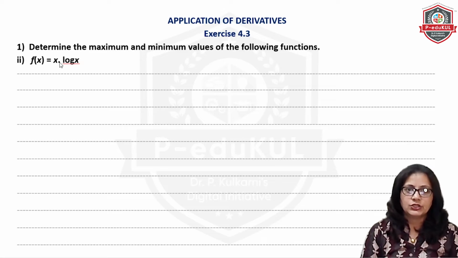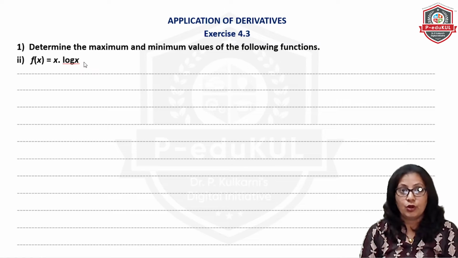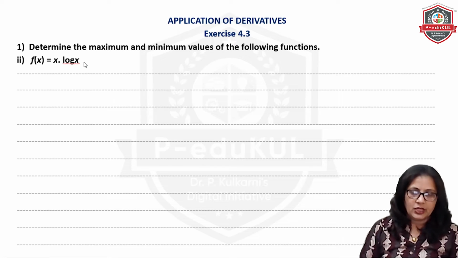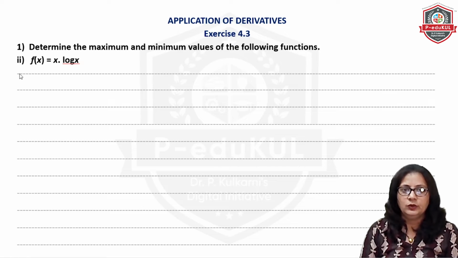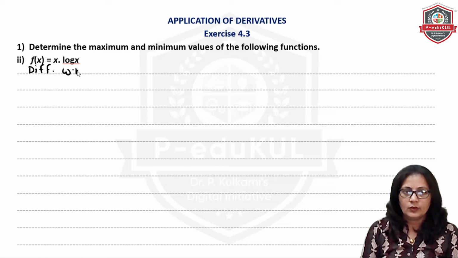Now here the function is f x is equal to x into log x. So here we need to differentiate this with respect to x by using the UV rule. If you have seen my earlier videos, you will understand the derivative very clearly. Just go through all the videos.